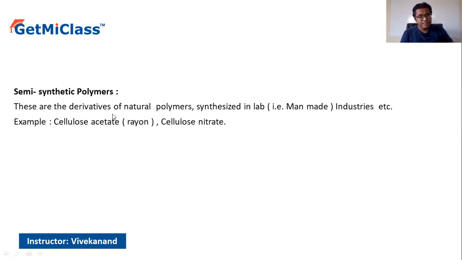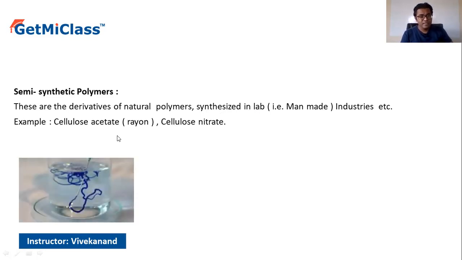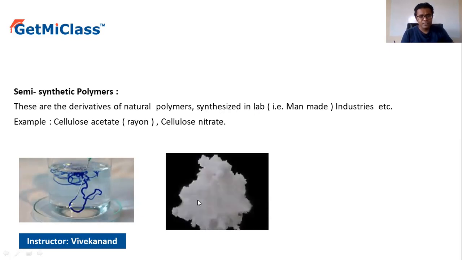So therefore, these are the derivatives of natural polymers which are synthesized in the lab, that is man-made, or can be formed in the industries. For example, cellulose acetate, rayon, cellulose nitrate. Correct. So this is the experimentation by which they are showing you rayon here. Okay, so this is the picture of cellulose and nitrate.